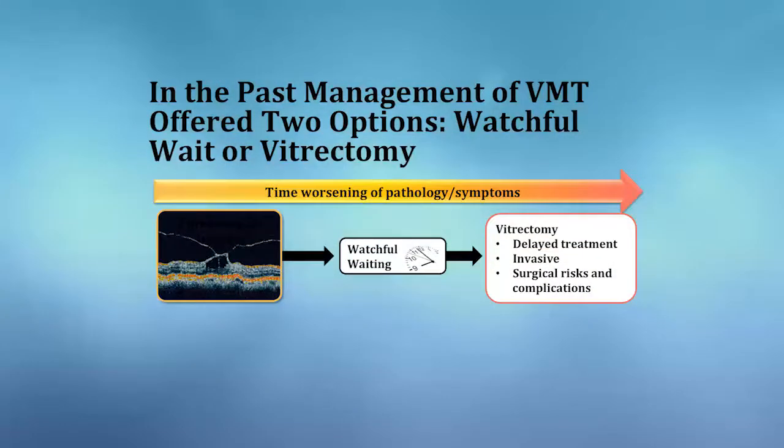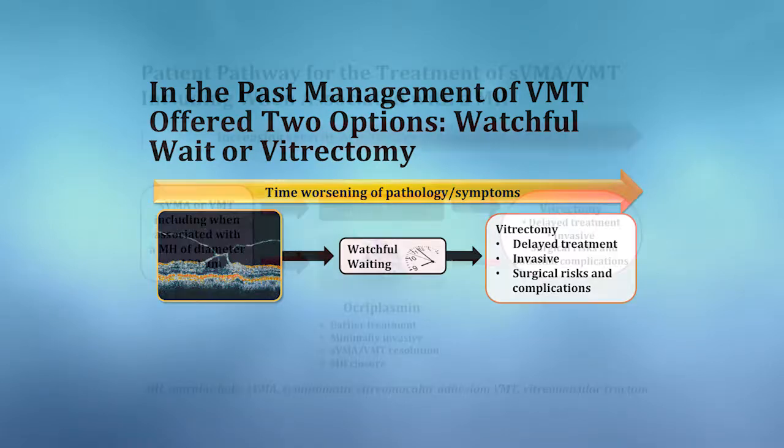That's the fellow eye. In the past, I had only 2 treatment options, either observation or vitrectomy for such a case. When I see a traction like this and an impending rupture, I can relieve the traction with vitrectomy. But of course, we know it is invasive, with surgical risks and complications that might happen for this patient.